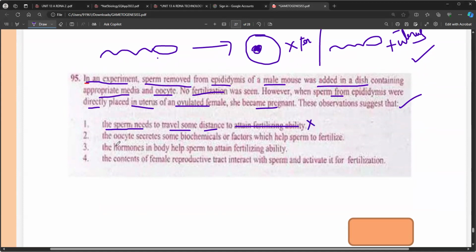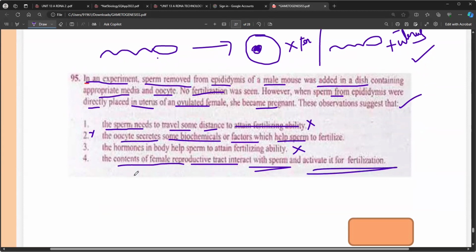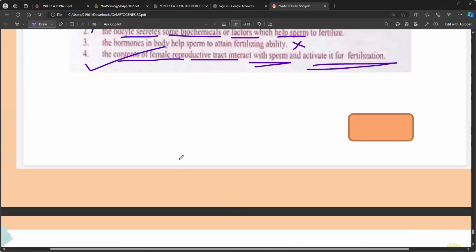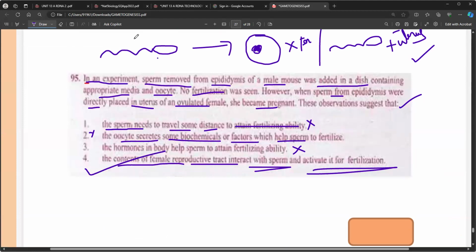No. Option 2 says the oocyte secretes some biochemicals which help the sperm to fertilize. No, that is wrong. Hormones are not involved in the fusing process, which is completely the acrosomal vesicle reaction. Option 4 says the content of the female reproductive tract interacts with the sperm, activating it for fertilization. Correct? Hence, the correct answer is number 4.